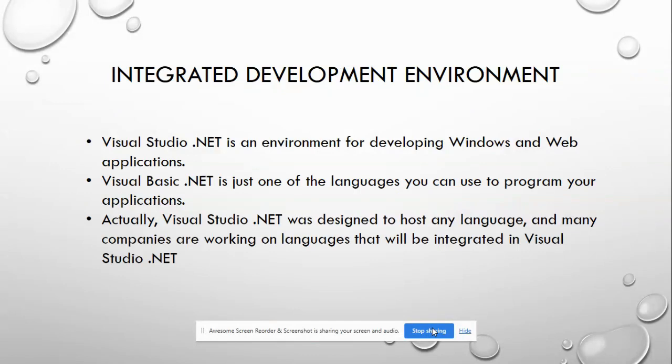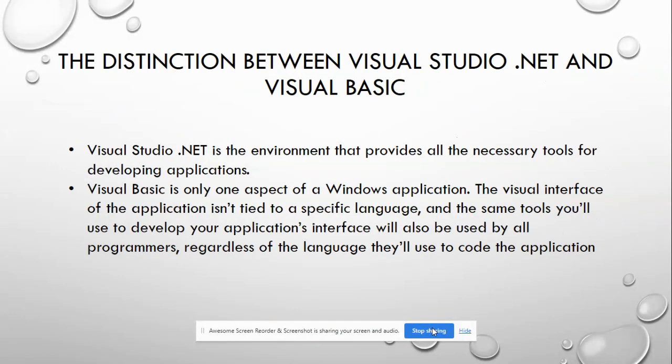It's important to take into consideration that visualbasic.net is just one of the languages that comes with Visual Studio that can be used to program applications. Thus, visualstudio.net hosts a number of programming languages.